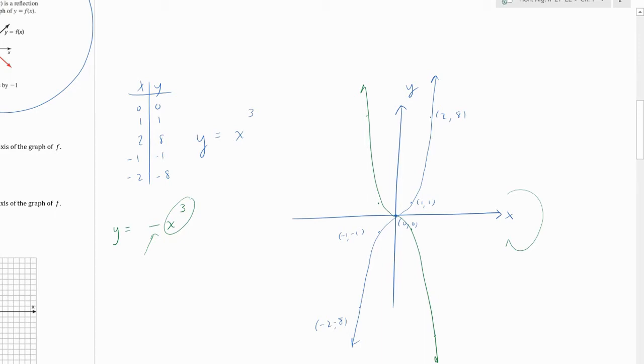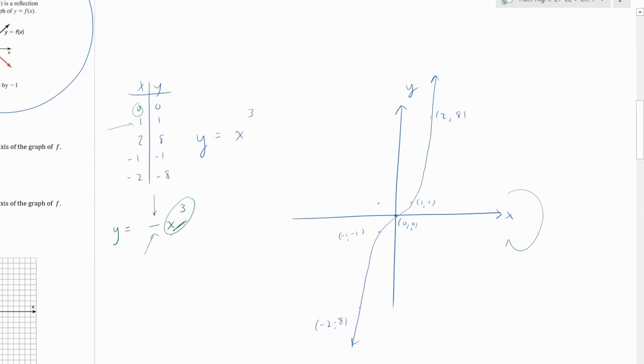Now here's the thing about this. Sometimes it looks the same no matter which way you reflect it. So just think about how it all came about. I took those x's, a 0, I cubed them, and then got the opposite. 0 cubed is 0, the opposite is still 0.